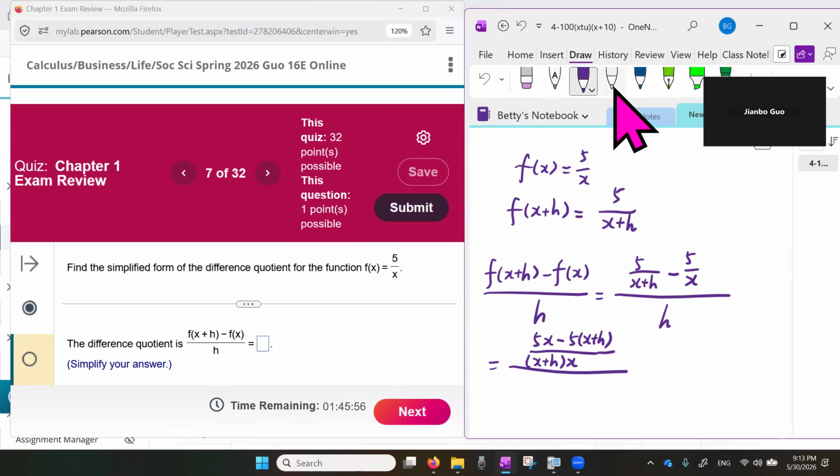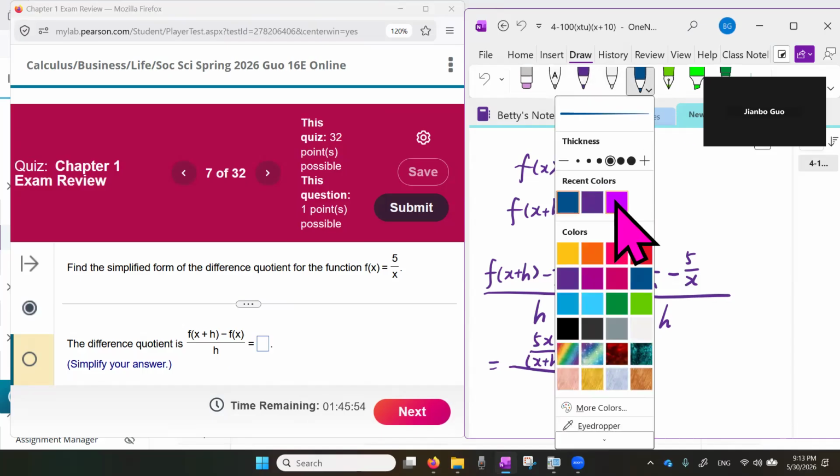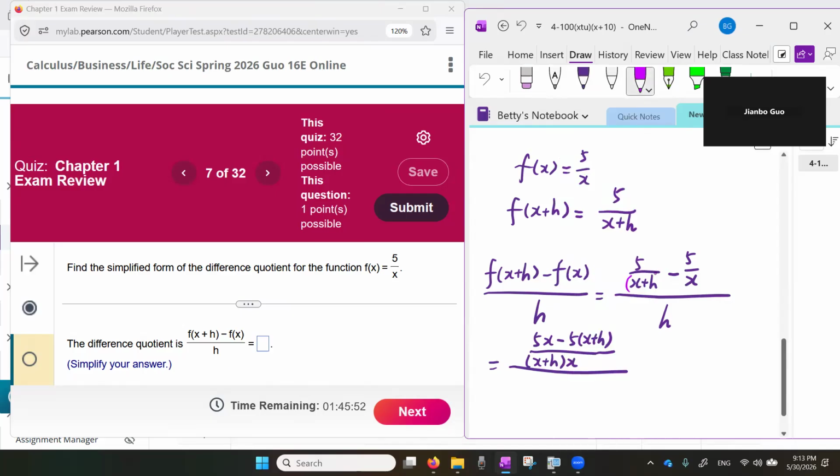In case you don't see it, you multiply this fraction top and bottom by x. You multiply this one top and bottom by x plus h. Then they have the same denominator. The denominator is x times x plus h. Numerator would be 5x minus 5 times parentheses x plus h, all right?